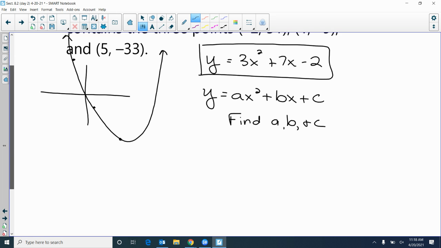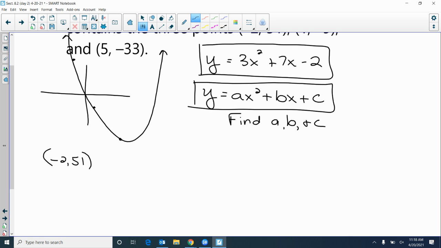So the first point, negative 2, 51. And I'm going to use this general form here. I don't know what a, b, and c are, but what do I know? I do know y, and I do know x. So y is 51.